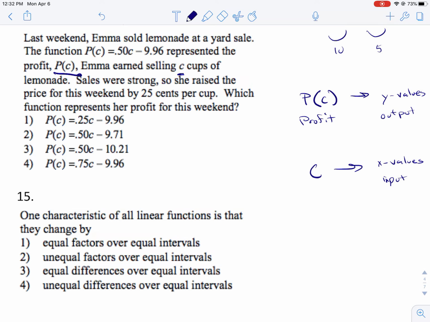And C is your X values, your input, and in this case, it's the cups of lemonade. All right? And so let's take a look at our function here. So this function is P of C.